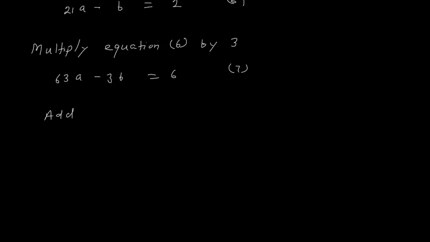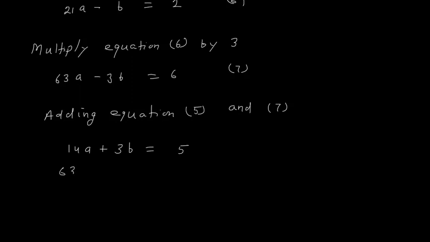We add equation 5 and 7. So equation 5 is 14a plus 3b is equals to 5, and equation number 7 is 63a minus 3b is equals to 6.